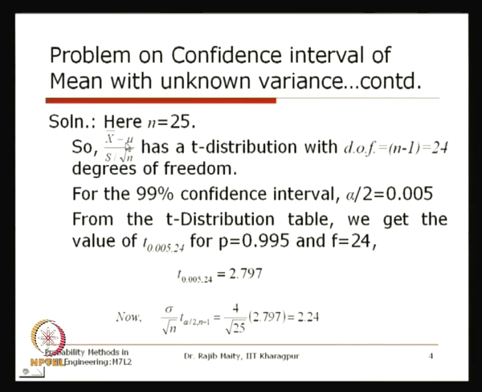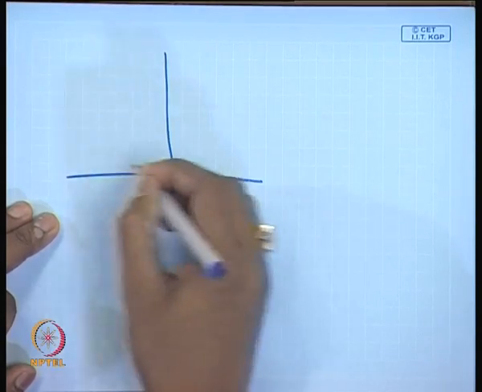So, this x bar minus mu divided by s by square root n has a t distribution with degrees of freedom n minus 1, that is, n is 25 here. So, n minus 1, 24 degrees of freedom. Now, for the 99% confidence interval, here alpha by 2 is equal to 0.005. We discussed in the last class where you get these values whenever we are talking about the confidence interval.